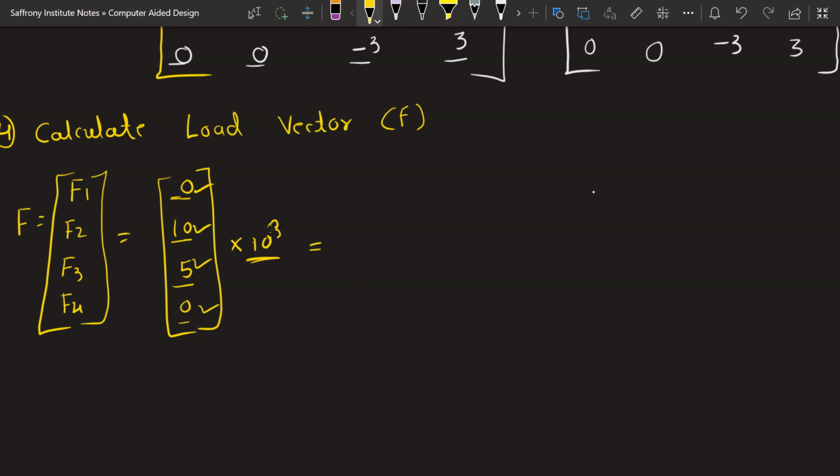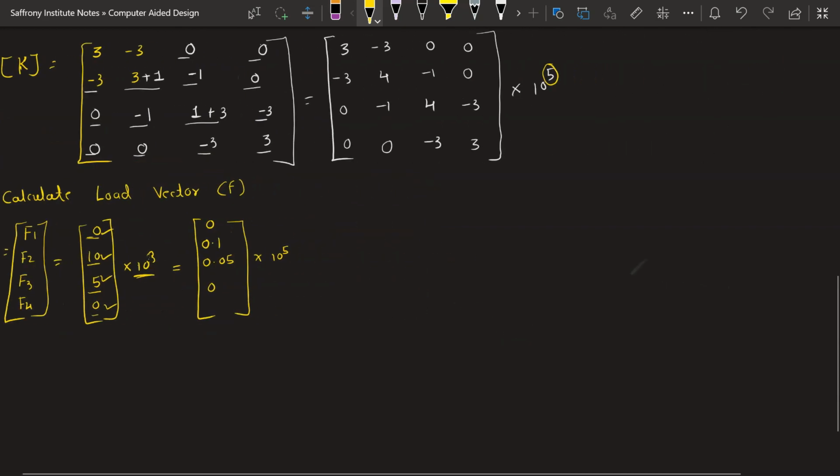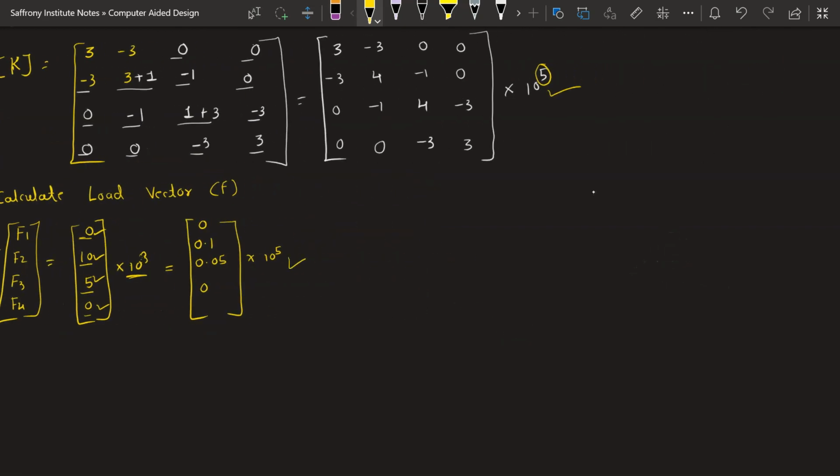So I will update. It will be 0, 10 will look like 0.1, 5 will be 0.05, and 0 will remain 0, into 10 raised to 5. Okay, so now both things are equal and together, this one and this one.